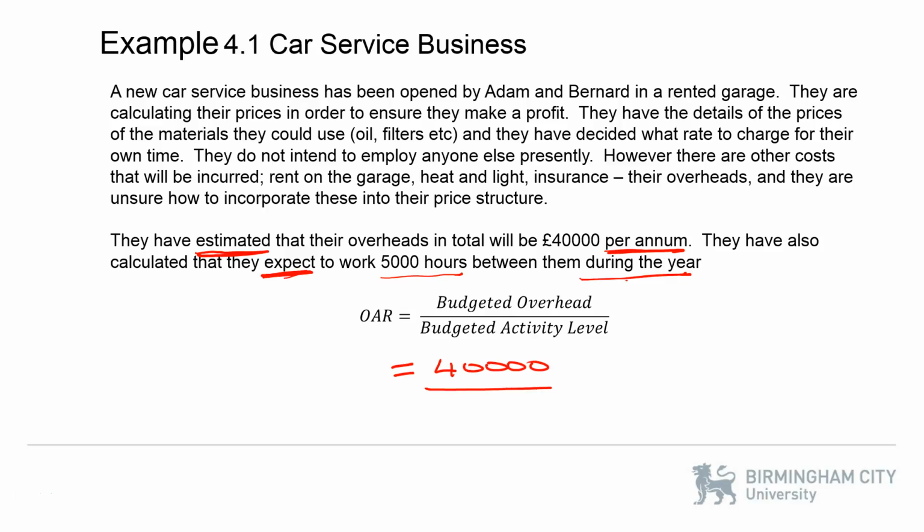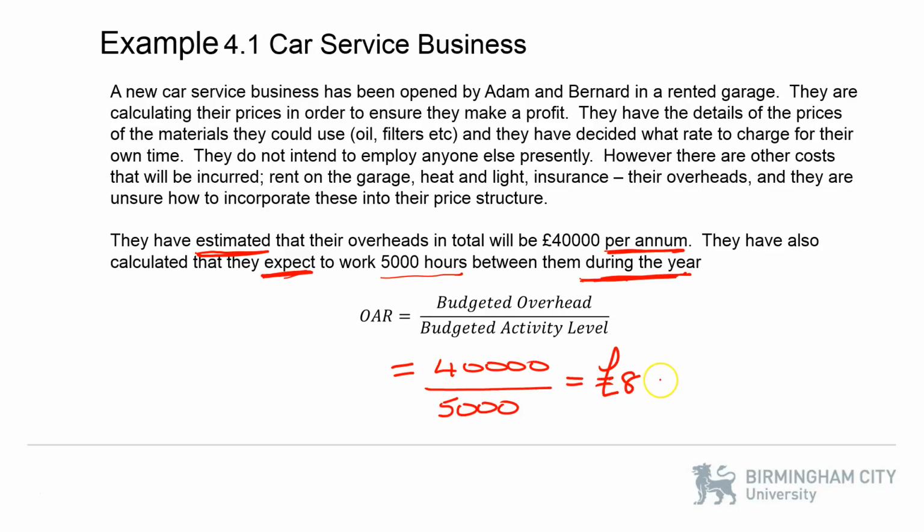We've been given a figure for labour hours, so we just need to make sure that they're the same time period. So the overheads is for the year, the 5,000 labour hours are also for the year. So 40,000 divided by 5,000 gives us an overhead absorption rate of £8.